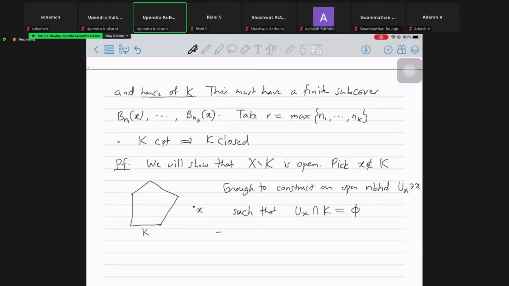Student: We should first set a collection of balls that starts from R, goes to 1, and then 1 by 2, 1 by 3, etc. So there should be a finite subcover. But a subcover of what? Of K.